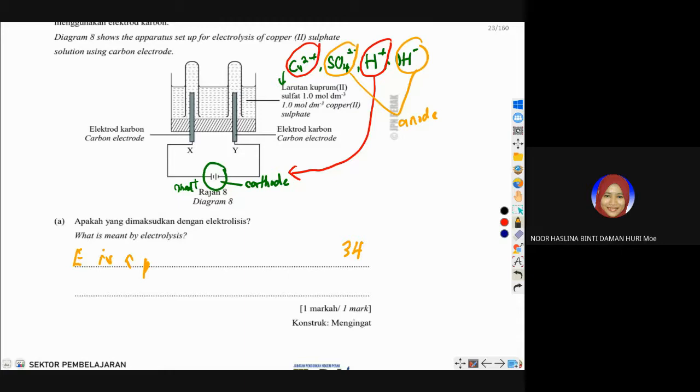Wajib ada molten state or aqueous solution. After that, dia akan decompose into their constituent element. Contoh macam sekarang lah. We have copper sulfate solution. Okay, so lastly we can get copper, we can get hydrogen gas or oxygen gas based on the anode value nanti. Okay, so 3A tak ada masalah.